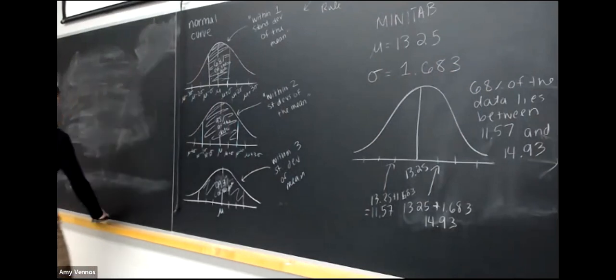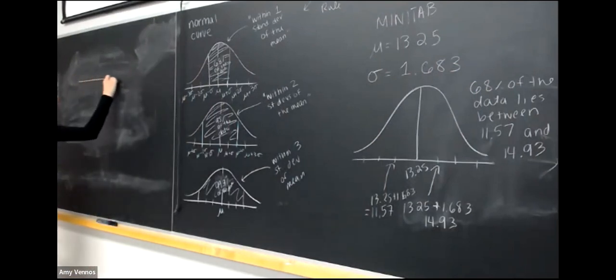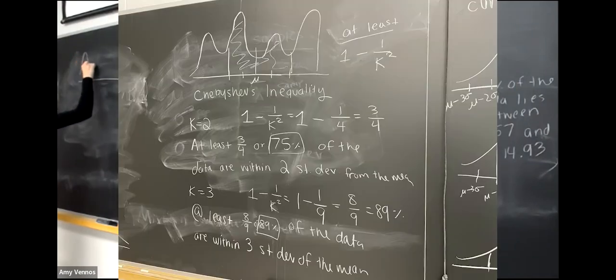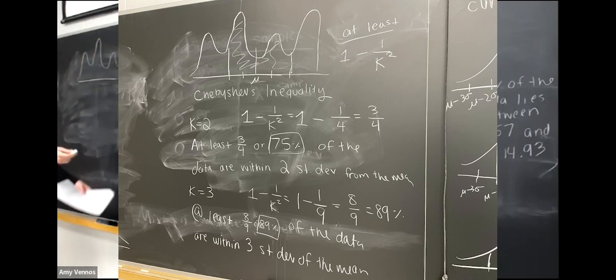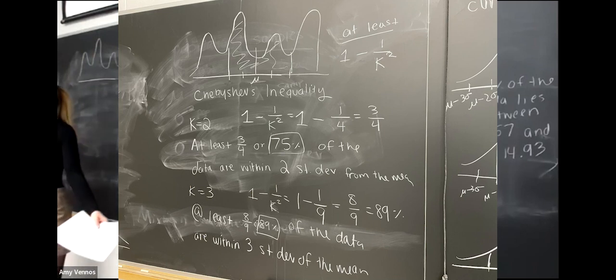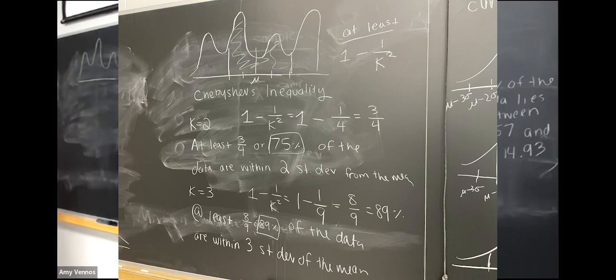What if our distribution looks like this? Maybe like this. Something like that. Okay. Well, now it's going to be really hard to do this because we don't really know where the mean is. We don't even know if 68 and 95 or 99.7% even works, right?